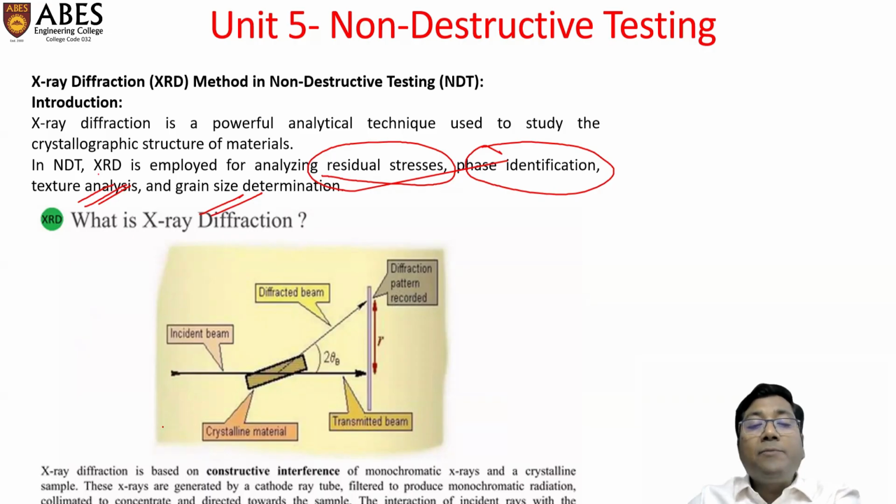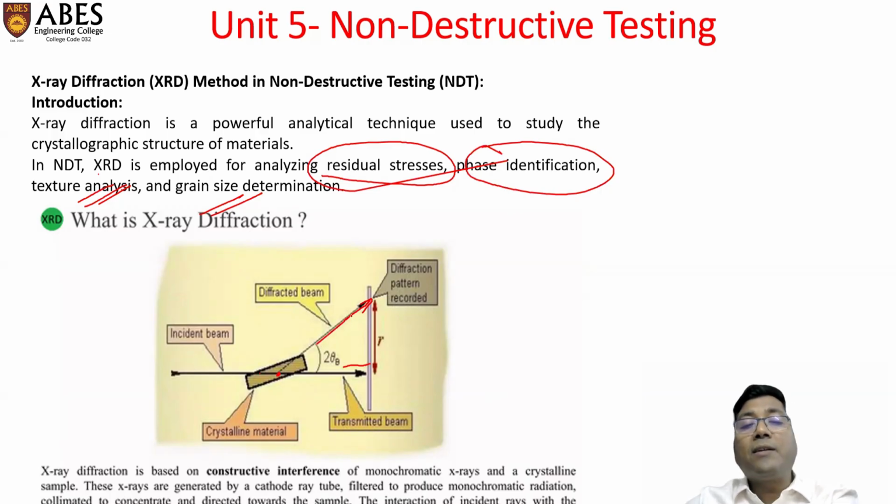So X-ray diffraction is based on constructive interference of monochromatic X-rays. An incident beam is placed on the surface to be detected. So there would be a reflection angle, a diffracted beam would be there, and the diffraction beam is recorded. And there would be a transmitted beam, in any crystalline material.